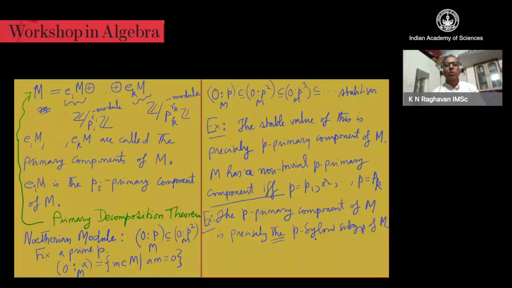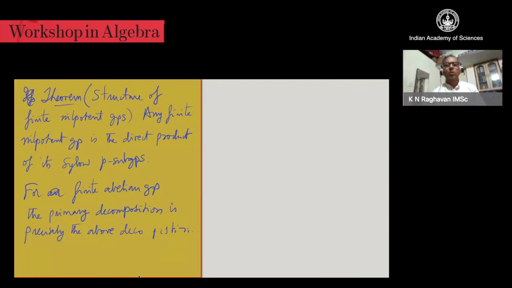So I hope this connects this up with various concepts in module theory, in Noetherian modules, and this is a standard kind of ascending chain that one considers. This is something in Sylow theory. There is something a little more to add here.